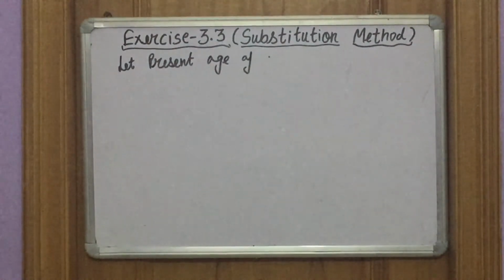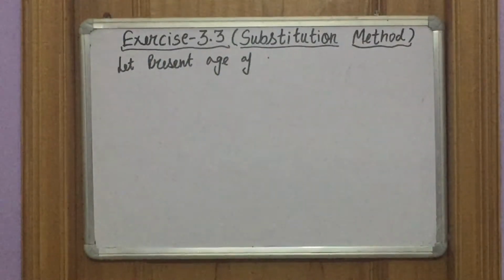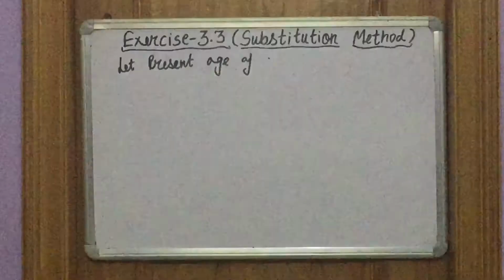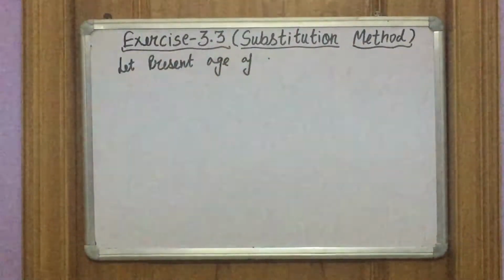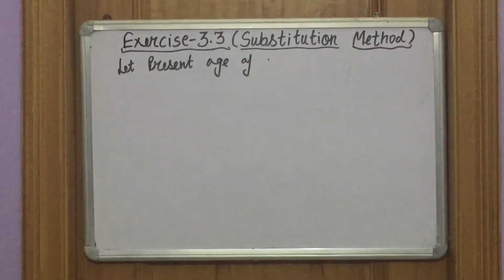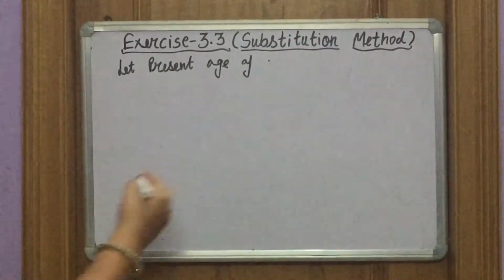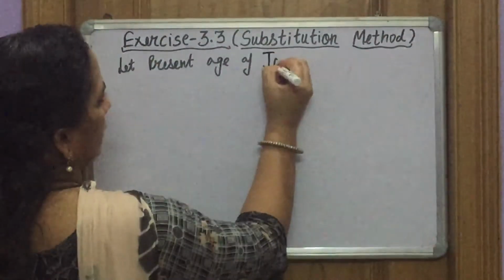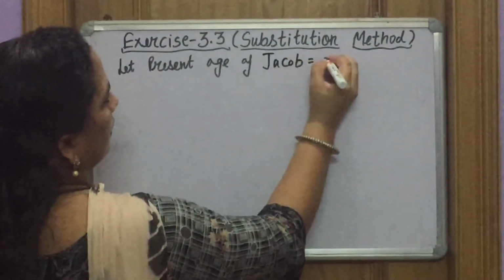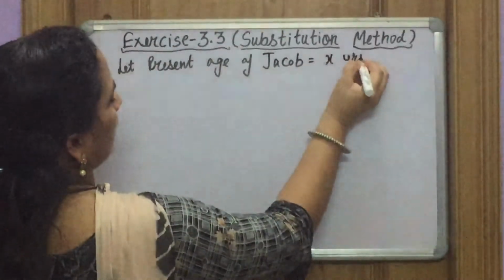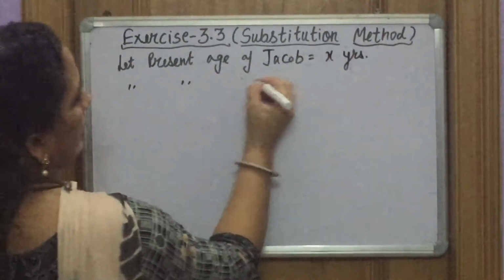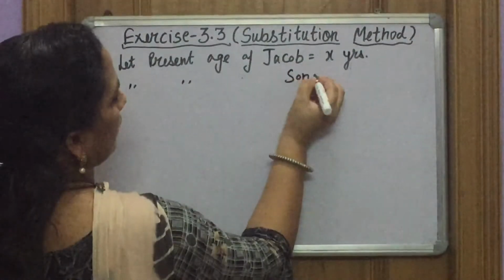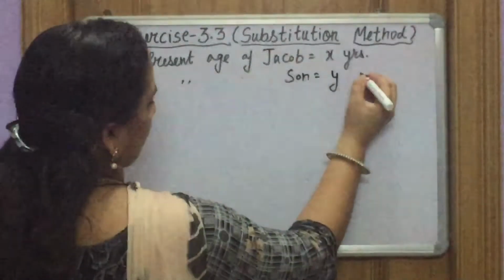Here we have to find out the age of Jacob as well as his son. So we will suppose the present age of Jacob as x years and the present age of his son will be y.